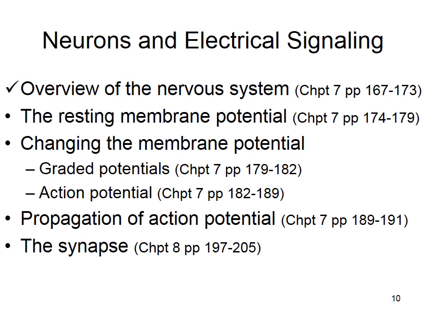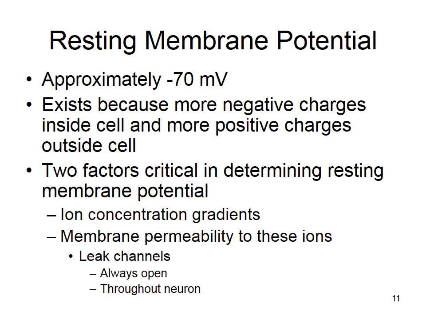Let's talk about the resting membrane potential again. For most cells, the resting membrane potential is minus 70 millivolts. This is for non-excitable cells as well. We're going to talk about neurons, which are excitable cells, but all of your cells have a resting membrane potential where the interior of the cell is more negative than the exterior.